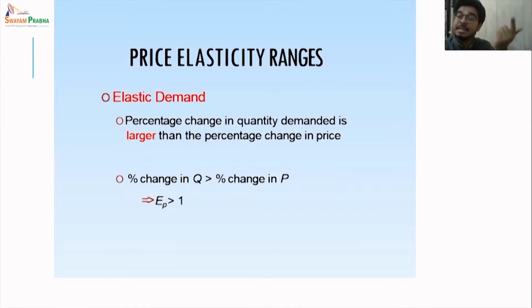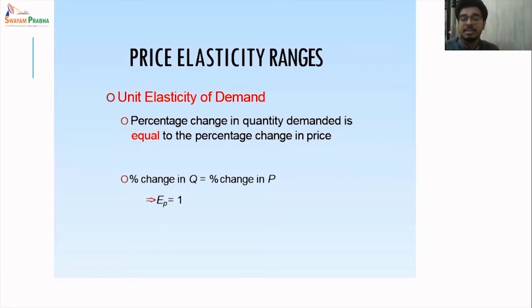If the change in quantity demanded is larger than the change in price, so the magnitude of the impact is larger than the magnitude of the force, so the change in price is smaller but the impact on the quantity demanded is larger, then that is called elastic demand, which is like in those cases we will get an elasticity value which is greater than 1.